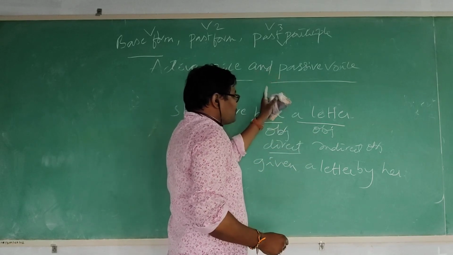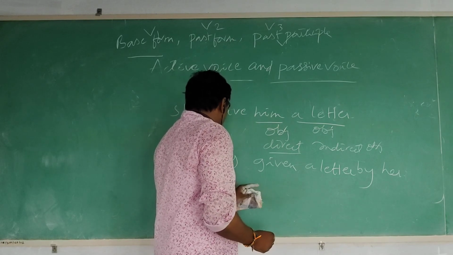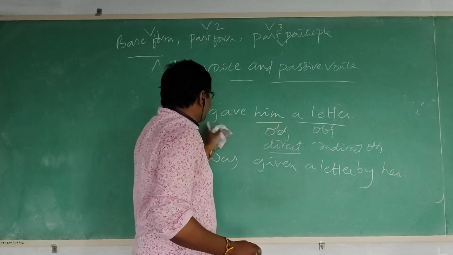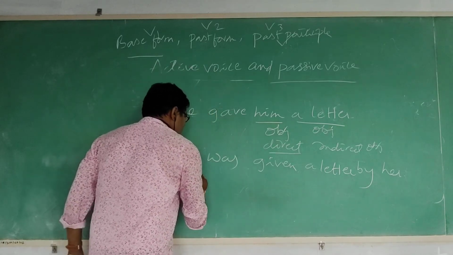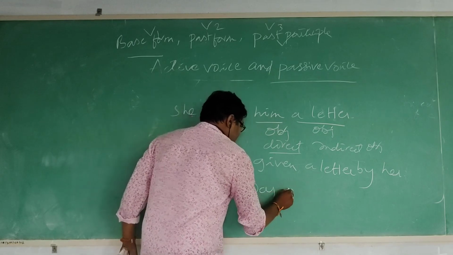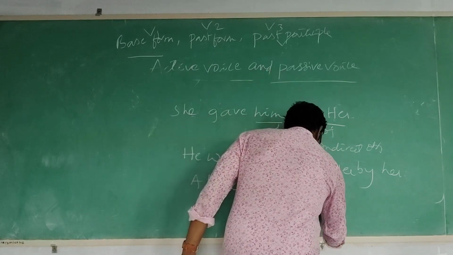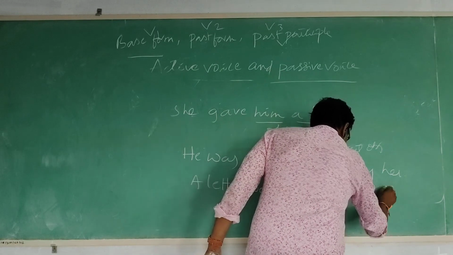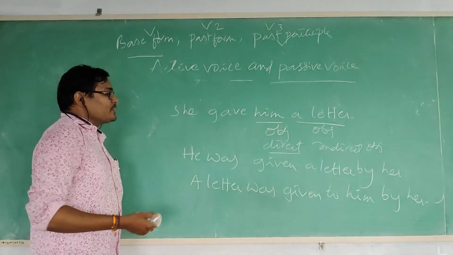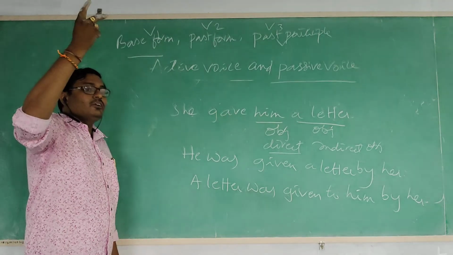If you take the direct object, a letter was given to him by her. A letter was given to him by her. Okay, this is the way how we can convert an active voice into passive voice when there are two objects.